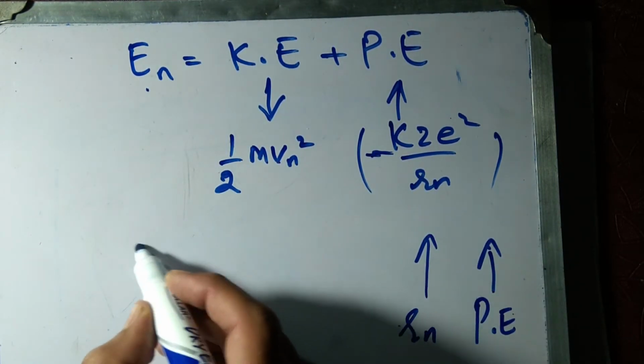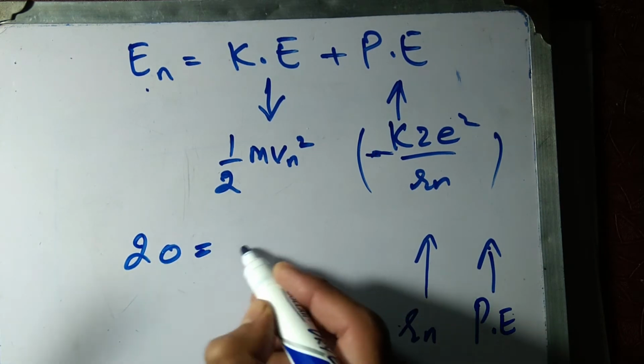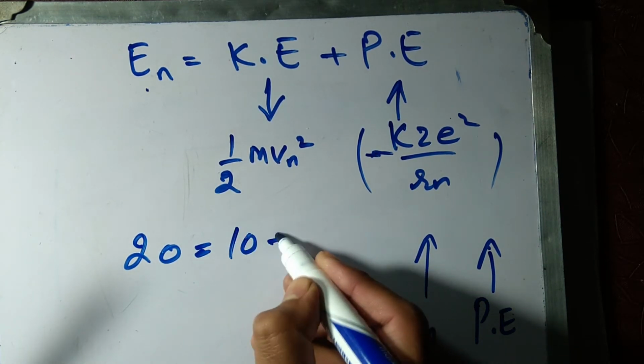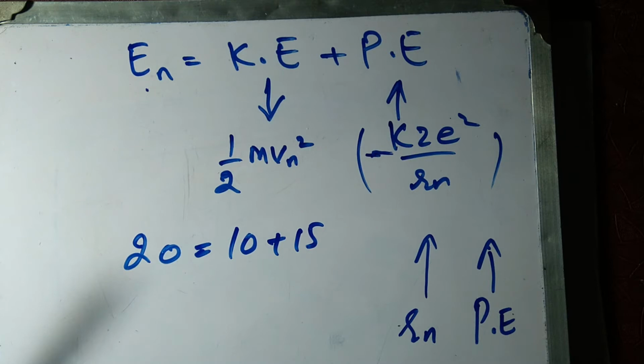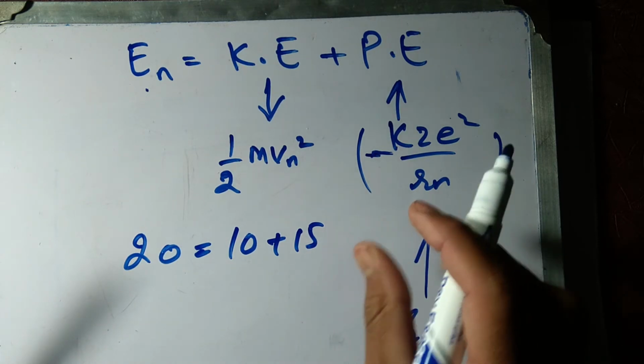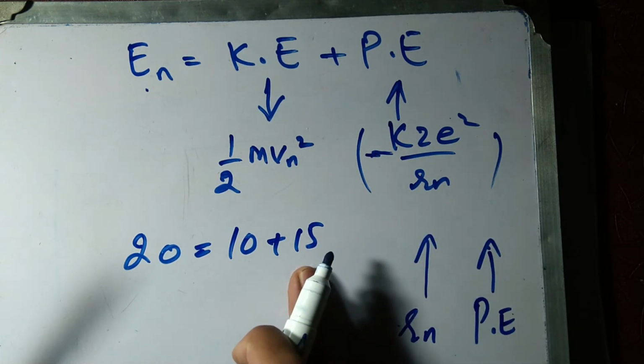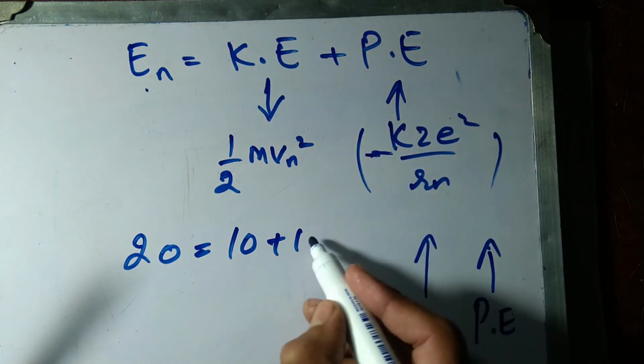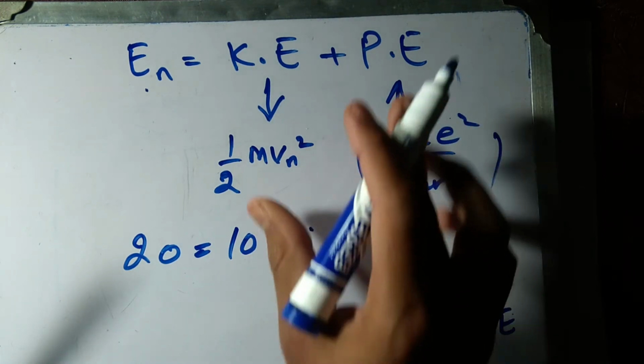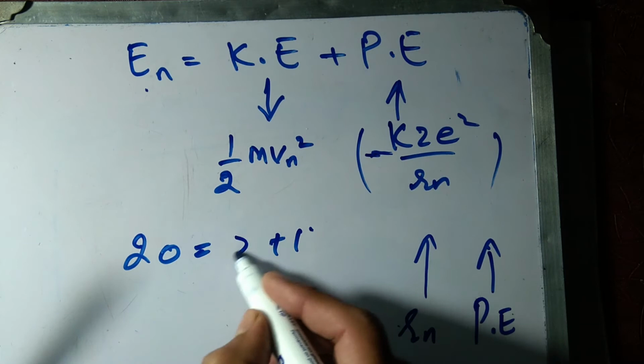For example, we have a 20 here, and 20 is equal to 5 plus 15.